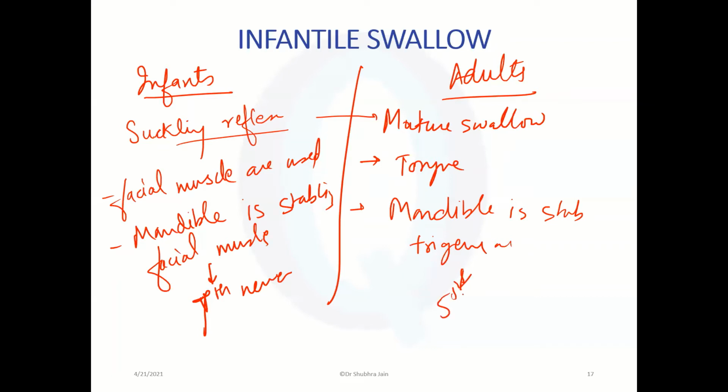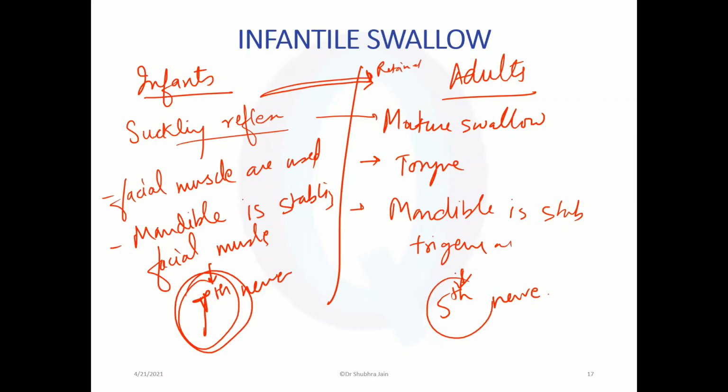If the infantile swallow goes on into adults, that is called a retained infantile swallow. Retained infantile swallow is a neuromuscular problem. There is a nerve problem also. So how do you need to treat it?